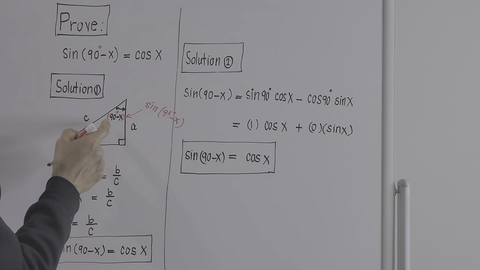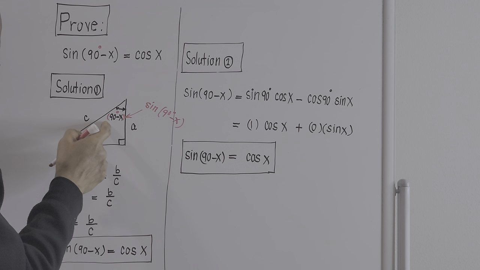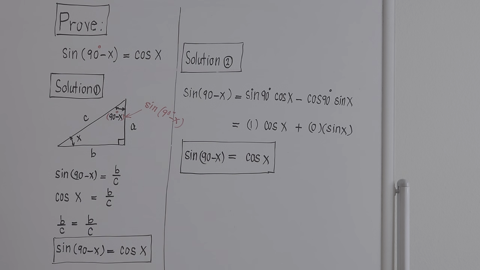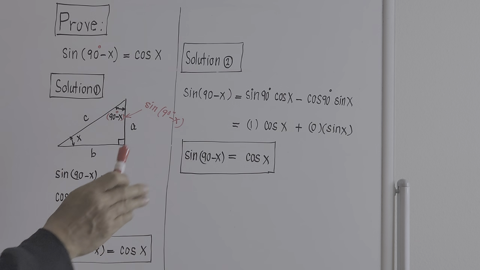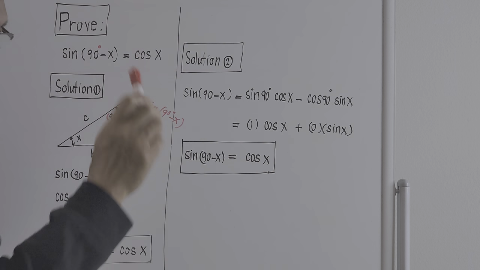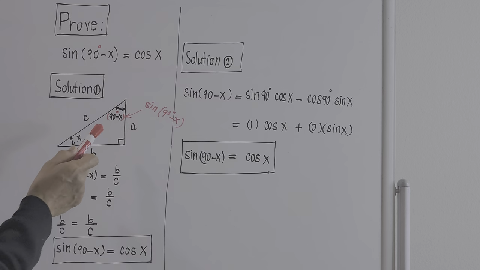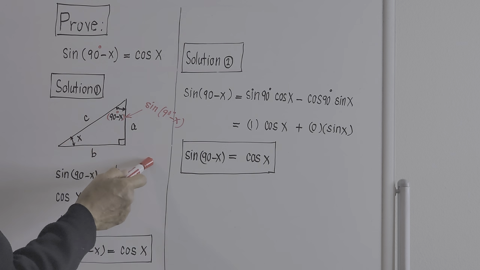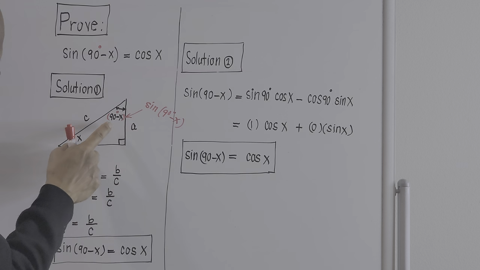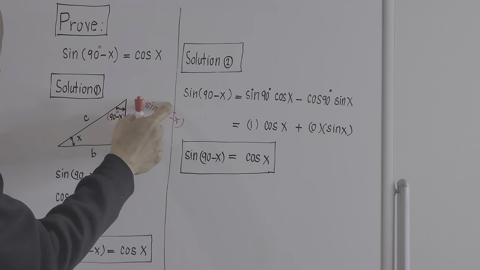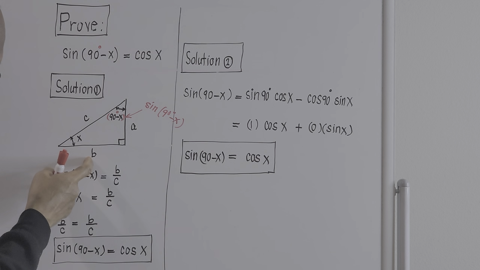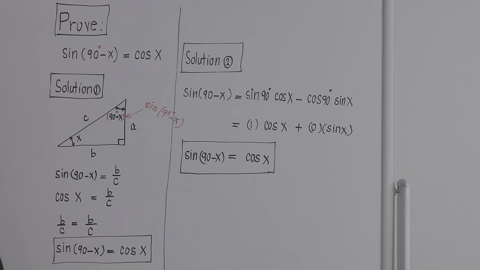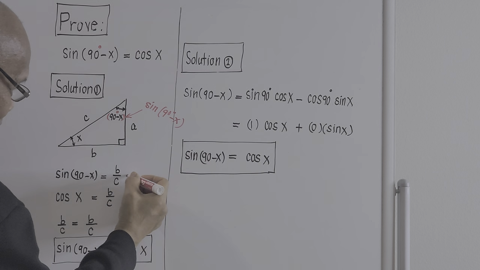By definition, sine is opposite over hypotenuse. So the sine of 90 degrees minus x should be the ratio b over c. We call this equation number one.